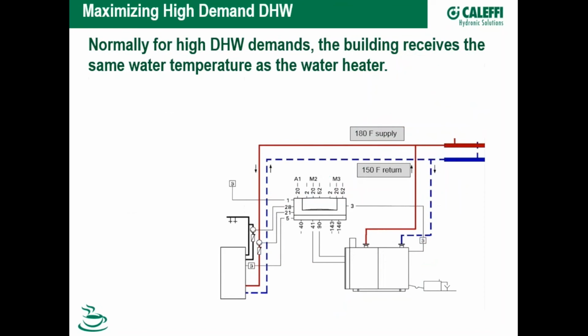Now, I want to talk a little bit about doing domestic hot water with an indirect water heater in a commercial building. Commercial buildings, I can't remember the last one I saw that was running priority. It's all going to run off of non-priority. Now, the challenge becomes, in a lot of these applications, I run into a health club, a hotel, a motel.